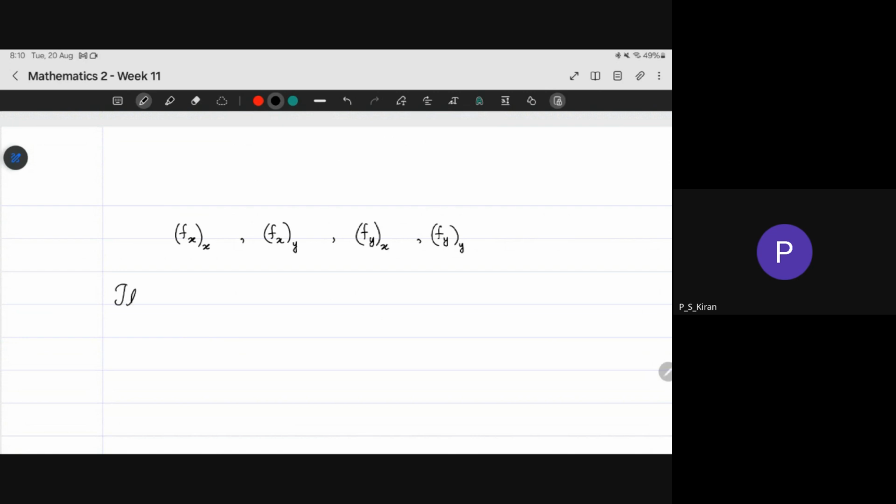These are called the second order partial derivatives of f.